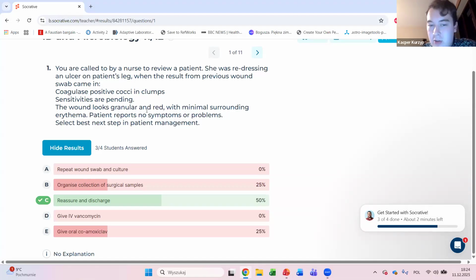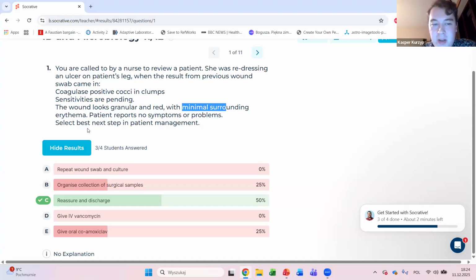Now, the wound looks granular or red with minimal surrounding erythema. What this question is getting at is that when wounds heal, they become granular. If they are red, it's fine because it means that they are nice and well perfused.